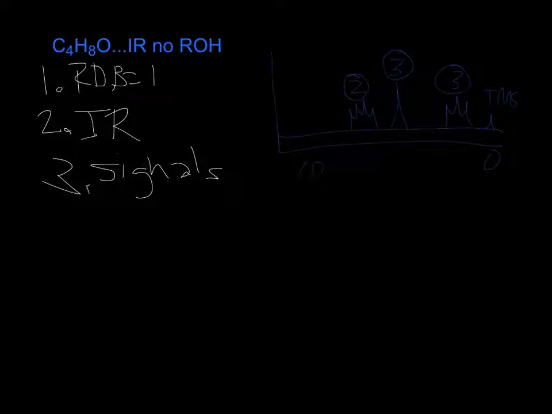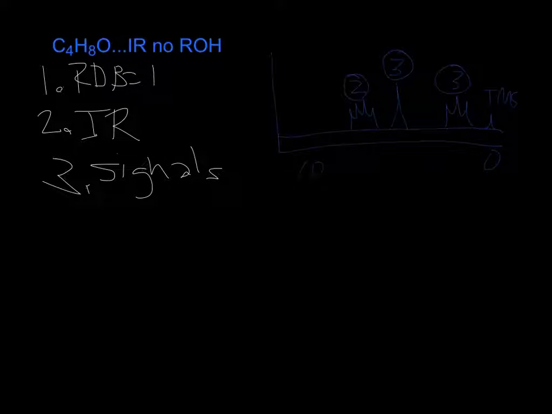So first of all, in this example, how many signals do we have? 3. So that tells you that there are 3 types of hydrogens or protons. Some of these may be identical, but there are 3 different types in chemically non-equivalent environments. Of course, this is a relatively small molecule, so there are 3 types of protons.